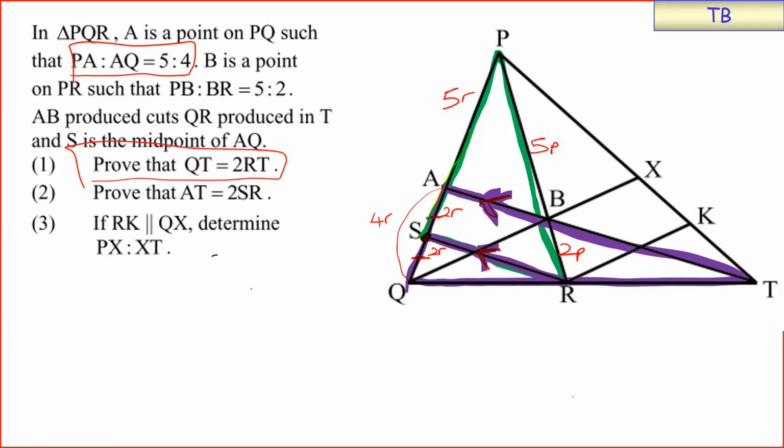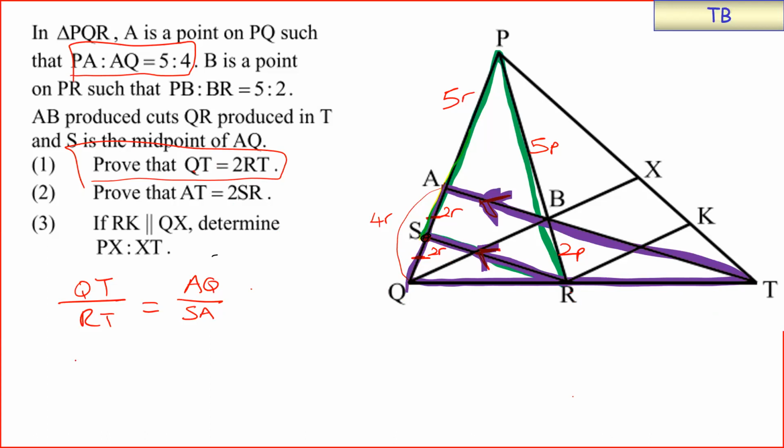We only use Q. The question says QT and RT. So if you use the ratio, you can say QT, because the question wants QT, over RT. Now QT is the whole side, which means I must take AQ on the other side. And then I took RT, the second part of the side, which is actually over SA.